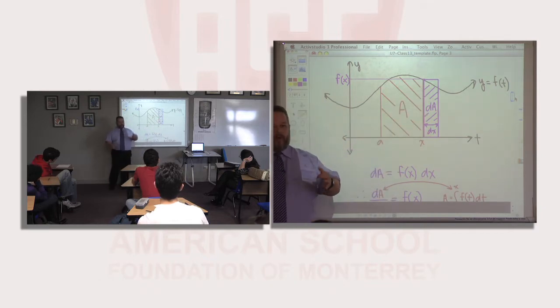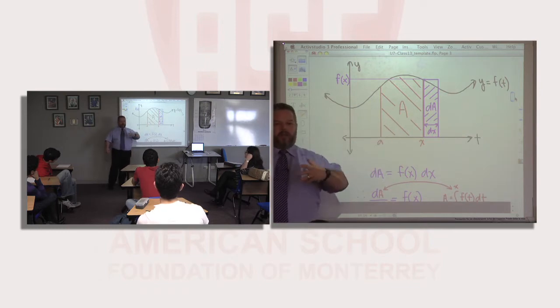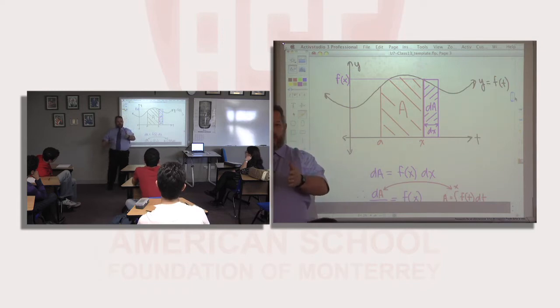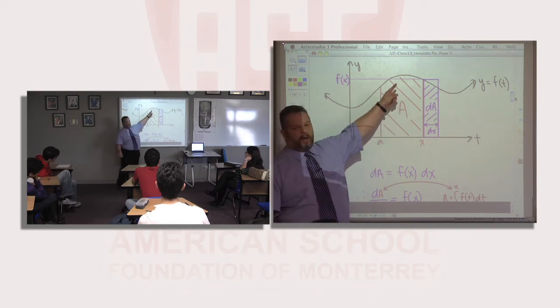The rate at which the area under the curve is changing is equal to the height of the curve. Or the rate at which the area under the function is changing is equal to the value of the function at any given position, at any given location. Does that make sense?